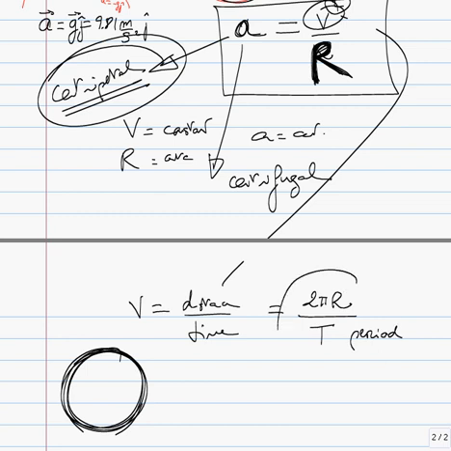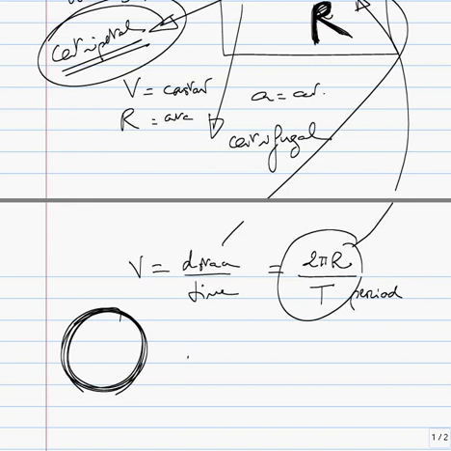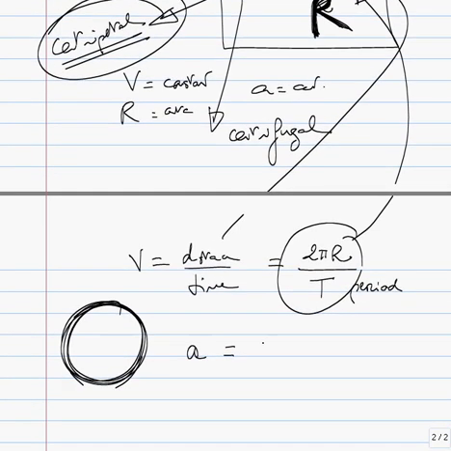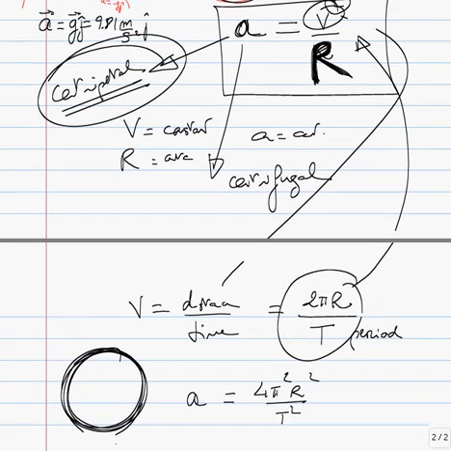So let's try to replace this into our formula and express the acceleration not in terms of the velocity, but rather in terms of the period. We had a v squared, so we're going to have to square this: 4 pi squared r squared over T squared, and then we divide this by r again.